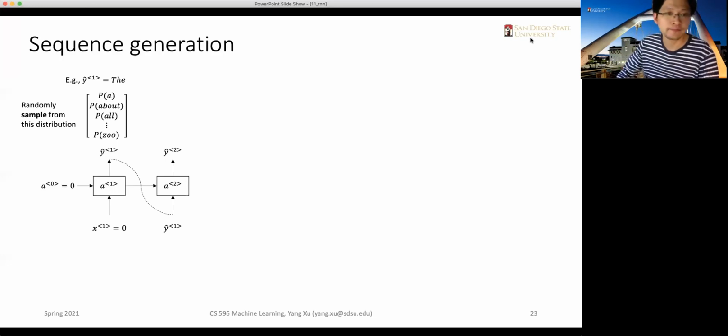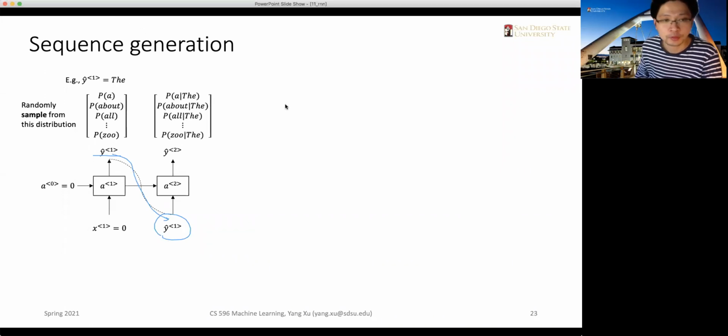This time, X2 is not from some external ground truth, because the task is to generate something from 0. We are not comparing with any ground truth. So the word generated at the previous time step is directly used as the input for the current time step, and we will have a y hat 2. The meaning of y hat 2 doesn't change: it's the conditional probability of all the words in the vocabulary, given that the first word is "the".